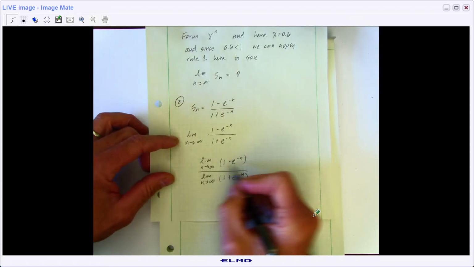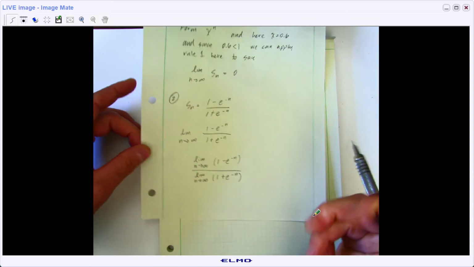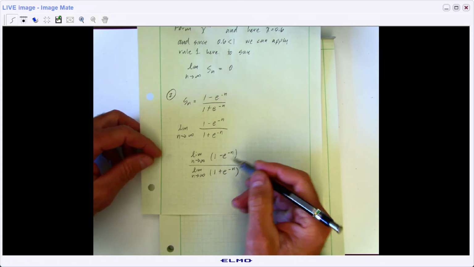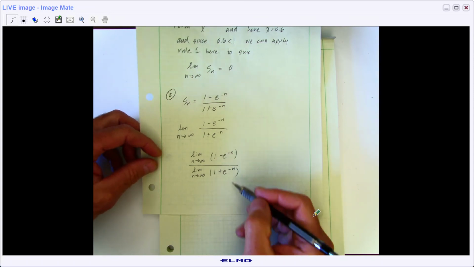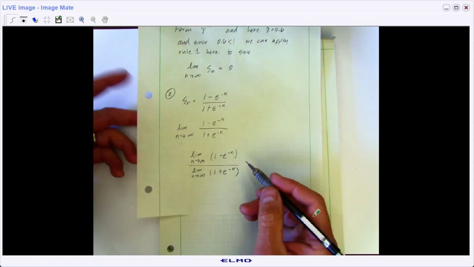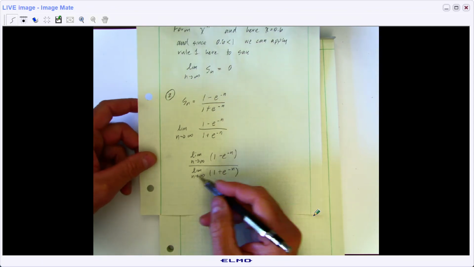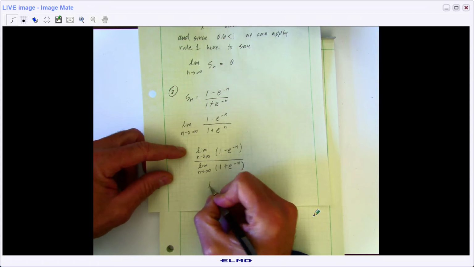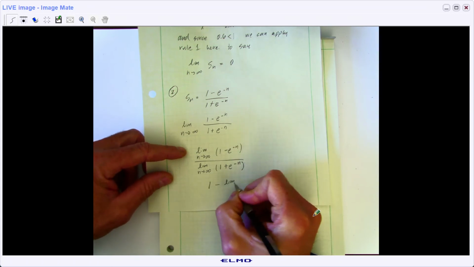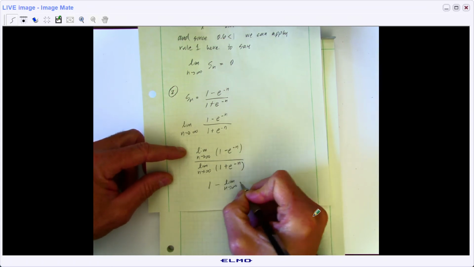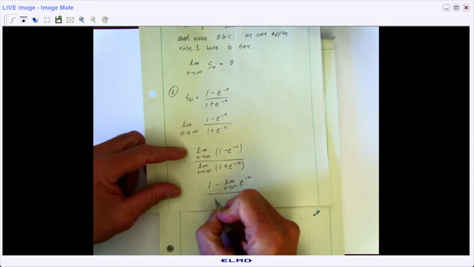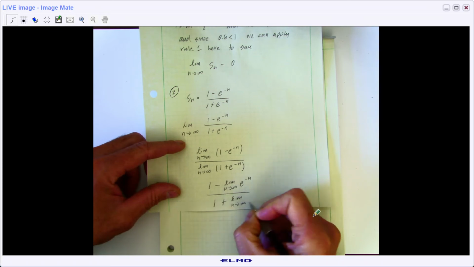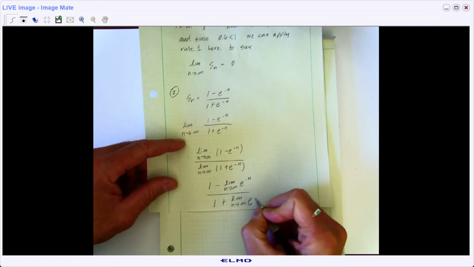Now we have a limit of a difference and a limit of a sum. We can take each of those limits. We know the limit as n goes to infinity of 1 is just 1, and this is the piece that's changing. So I'll just apply my limits inside to each of the exponential functions. It'll be 1 minus the limit as n goes to infinity of e to the negative n, all over 1 plus the limit as n goes to infinity of e to the negative n.